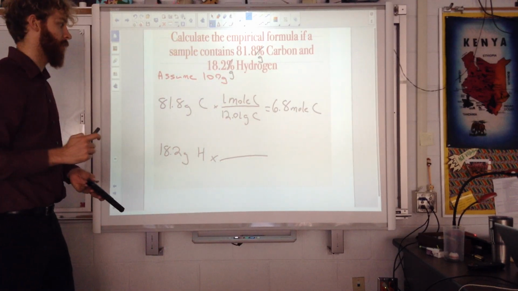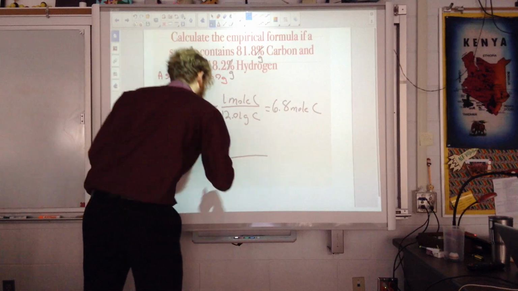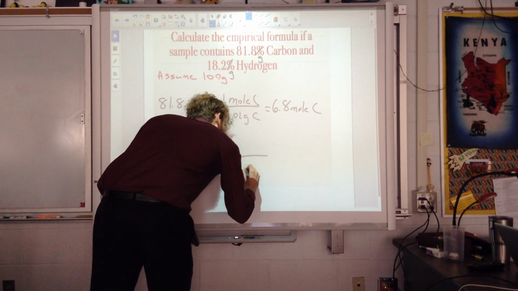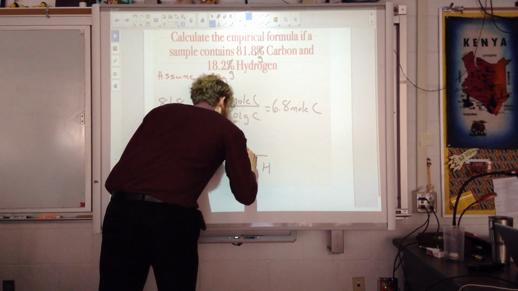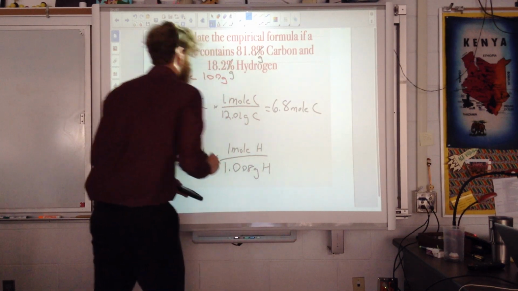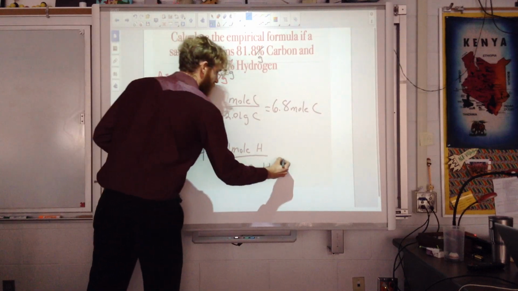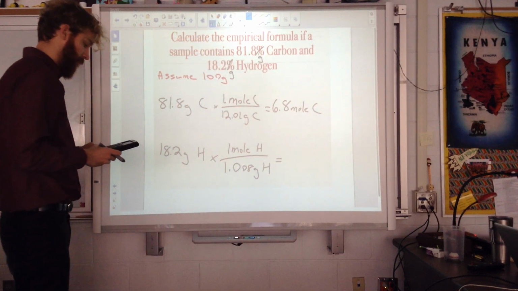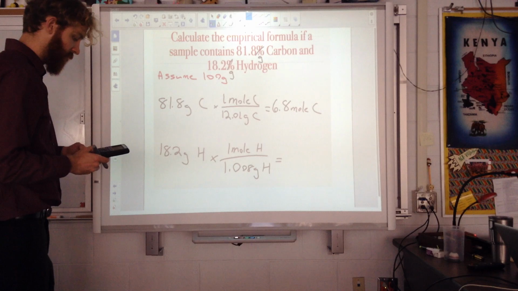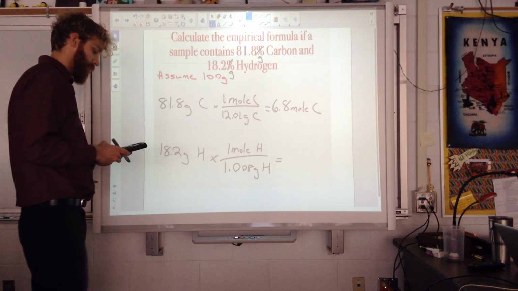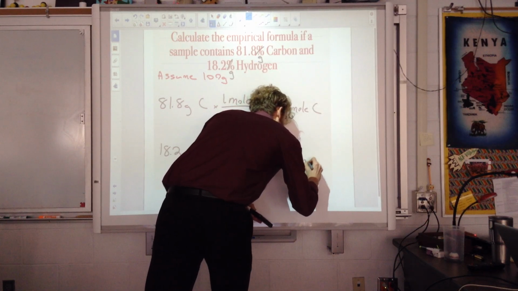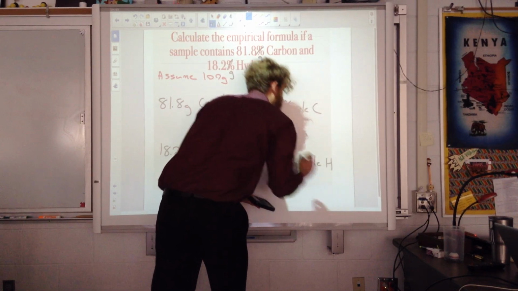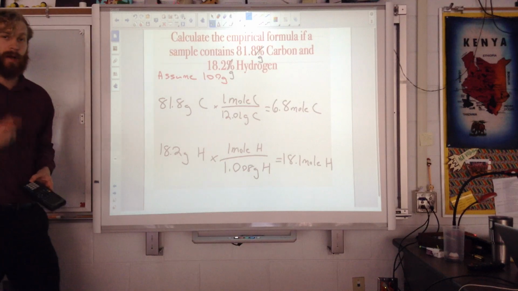We know that there are 1.008 grams of hydrogen in every mole of hydrogen. Plug that into our calculators, 18.2 divided by 1.008. We get 18.1 moles H.